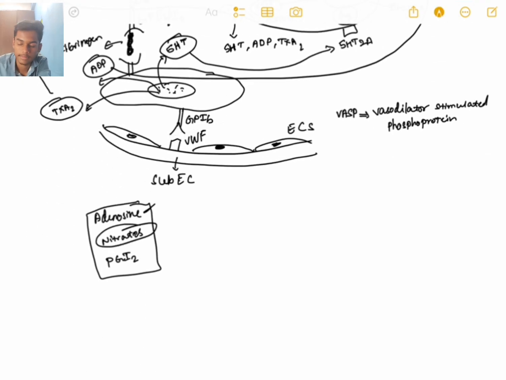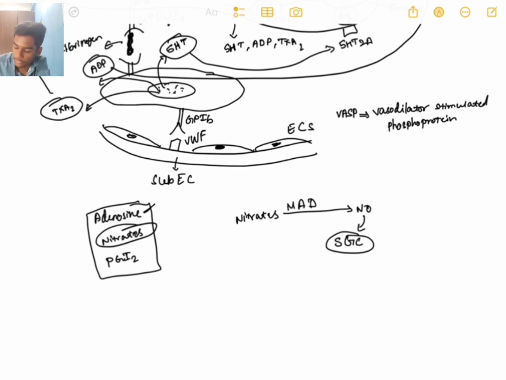Now let's see nitrates. There is an enzyme called mitochondrial aldehyde dehydrogenase. This is present in platelets, but in minor quantity. But still, it can cause somewhat of platelet inhibition. How? Nitrates are converted into nitric oxide. This nitric oxide will act on soluble guanyl cyclase.